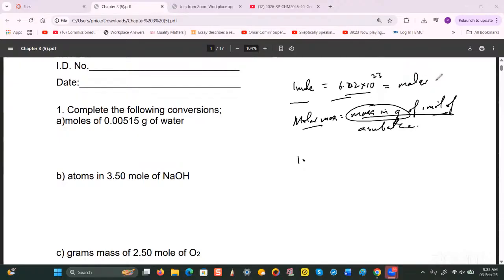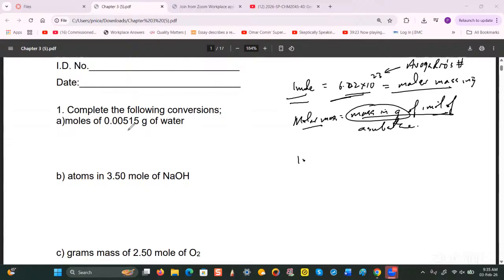So that's the relationship between the mole, Avogadro's number, which is what this is, by the way, and the molar mass in grams, all right? So the reason I'm mentioning all of this is because knowing this is key to answering question number 1.